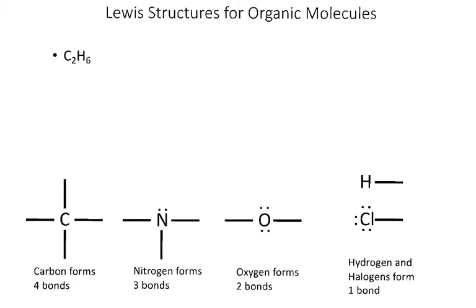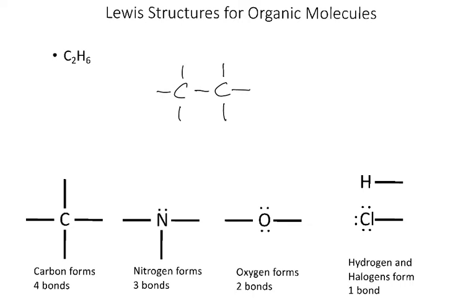All right, so if we use these rules for organic compounds, it makes drawing the Lewis structures much faster. And generally, the carbons form chains in these organic compounds. And so I'm going to have my 2 carbons together. And I know each carbon wants 4 bonds, so I can even go ahead and put the 4 bonds on each carbon.